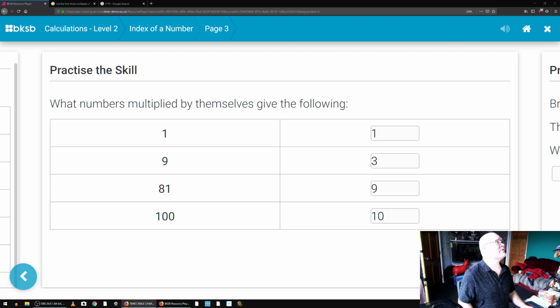Easy way to memorise the times table. Yeah, half of them are exactly the same. Right, cube numbers. Let's write all my cube numbers out and print them out.